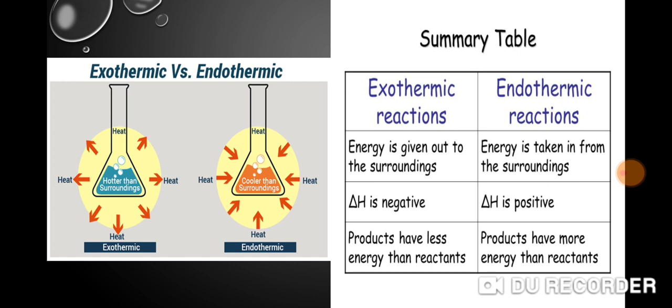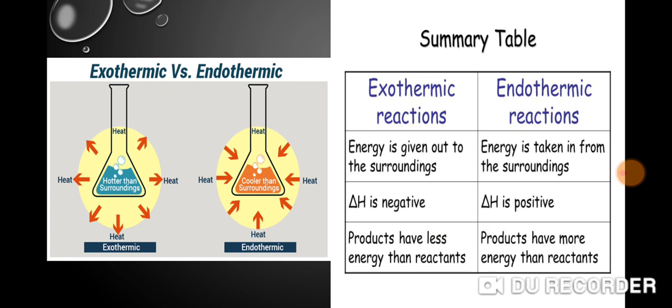So in an exothermic reaction, the reactants have more energy than the products, because the reactants release energy, whereas in an endothermic reaction the products have more energy than the reactants.